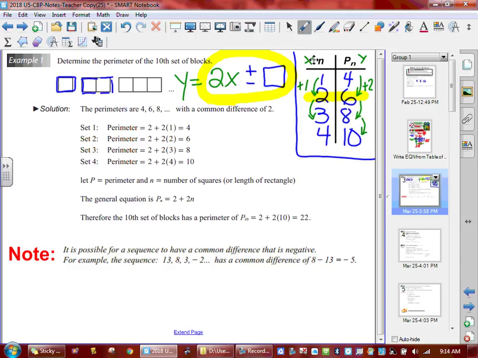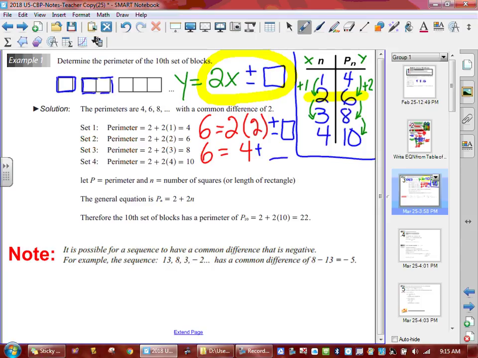So I have a 6 for my y, equaling 2 times my 2. And now I have to say plus or subtract something. So what's 2 times 2? 4. So we're going to get 6 equals 4 plus something. What do I have to add to 4 to get 6? 2.